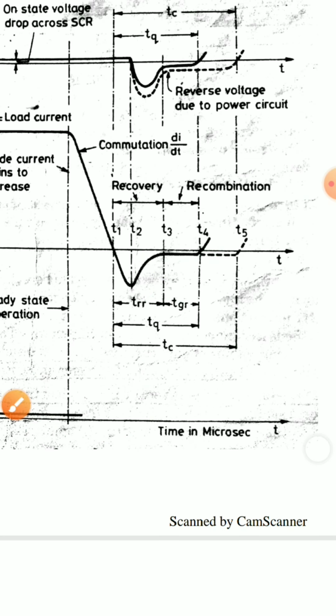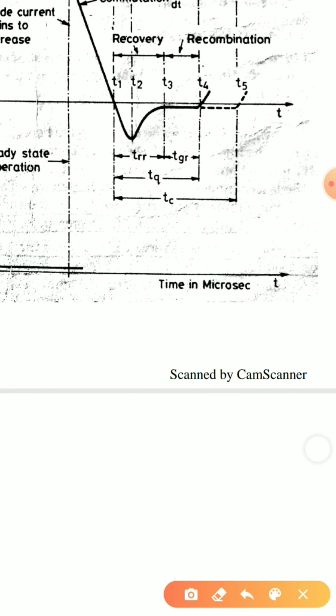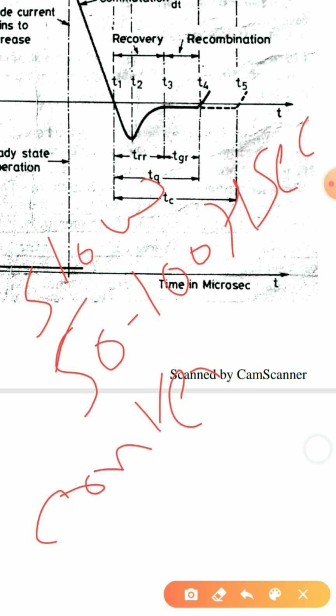Now depending on the turn off times, I can classify my SCRs. If the turn off time of my SCR is in between 50 microseconds to 100 microseconds, I will call it slow turn off, and this type of thyristor is called a converter grade thyristor.